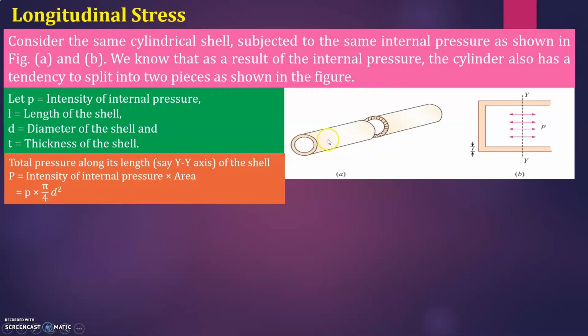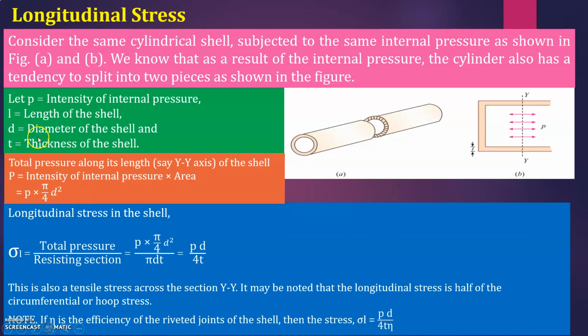Area is the area of the cylinder. Now it is cut into two cylinders, so the area is given by pi divided by 4 into d square. So total pressure is equal to P into pi by 4 into d square.